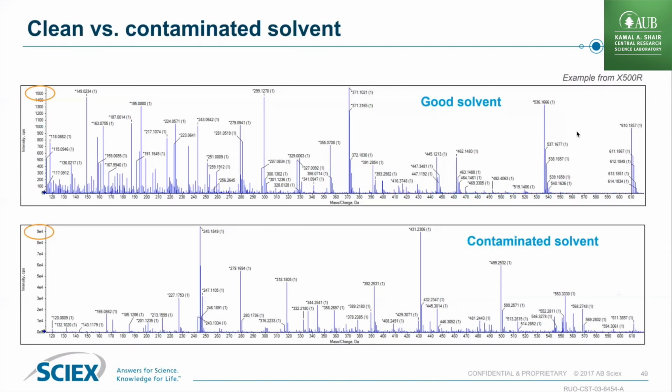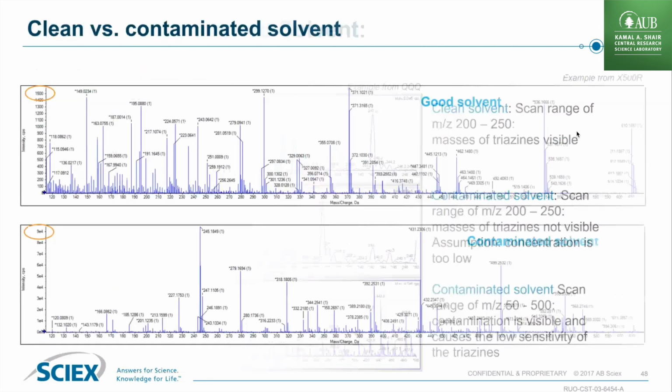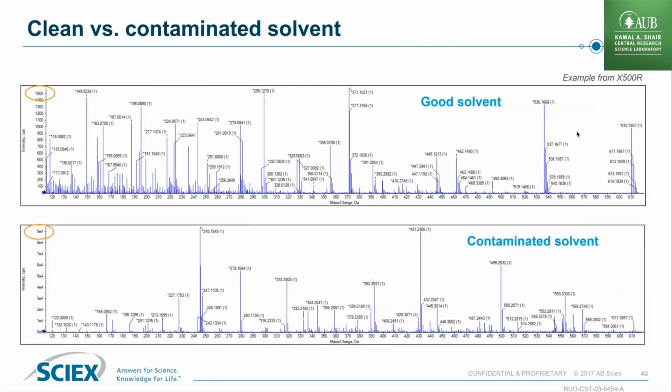So here is an example actually from an X500R. So I don't know if you saw, but these examples are all from a triple quad. So this example here on this page now is from the X500R. This is an example of a good solvent and contaminated solvent. Now you might think, what on earth is he talking about?